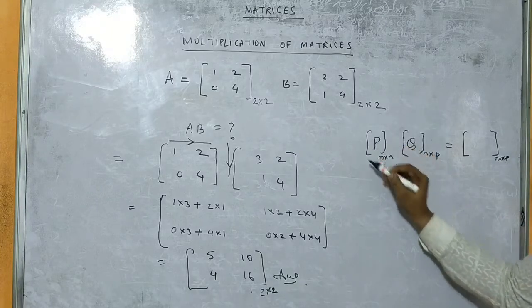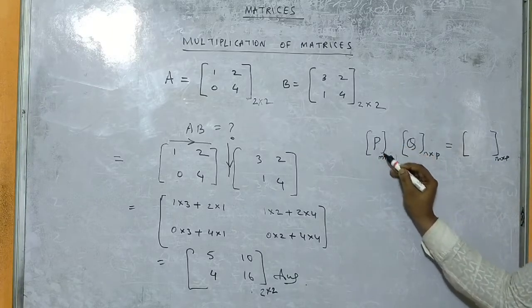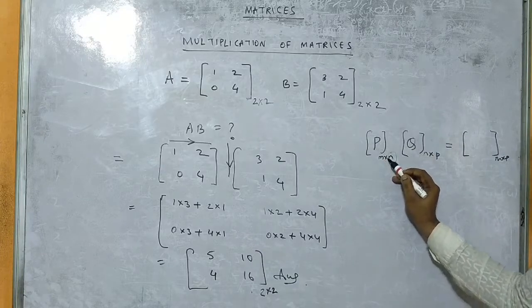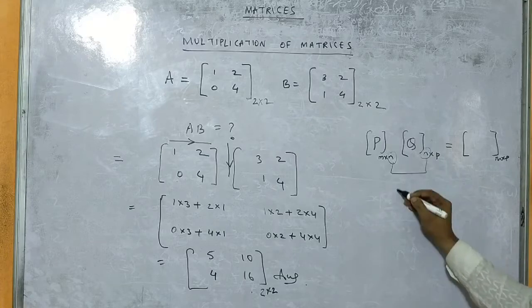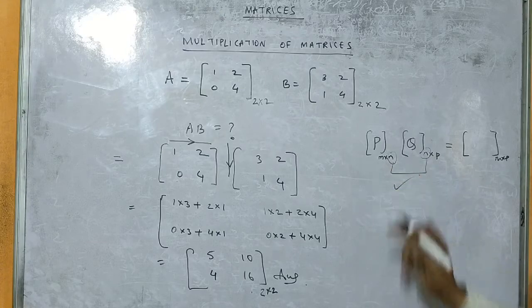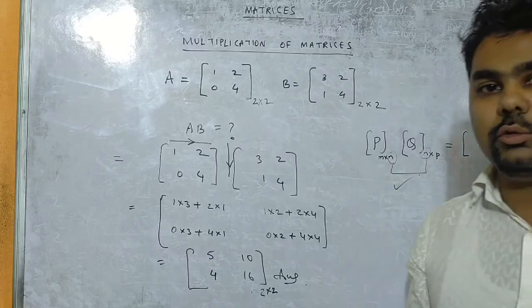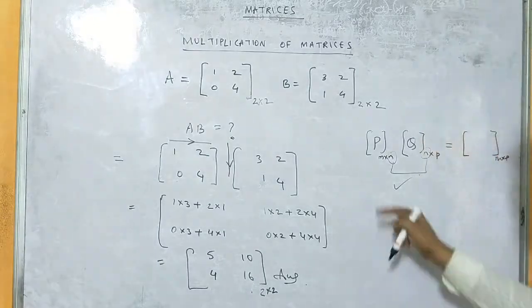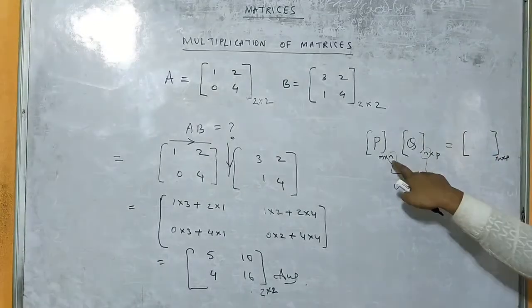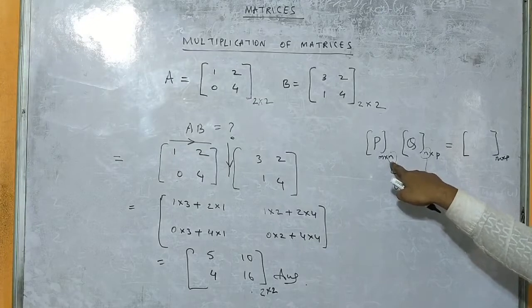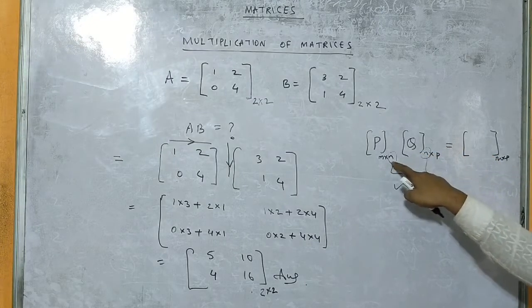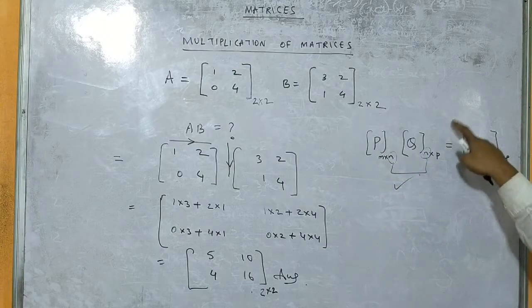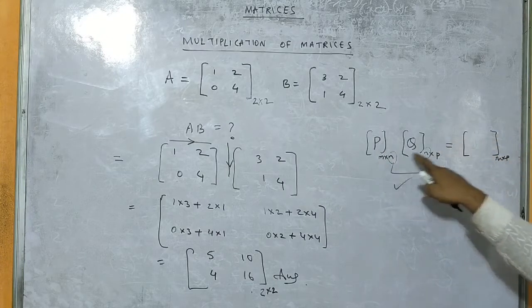So the column of the first matrix must be equal to the row of the second matrix. If both are the same, then only multiplication is possible, otherwise it is not. So you see n and n, that means the column of the first matrix is matching with the row of the second matrix. If both are the same, the resultant matrix which we will get is m cross p.